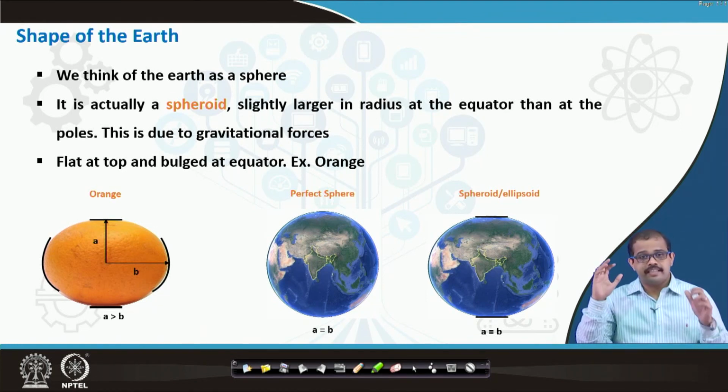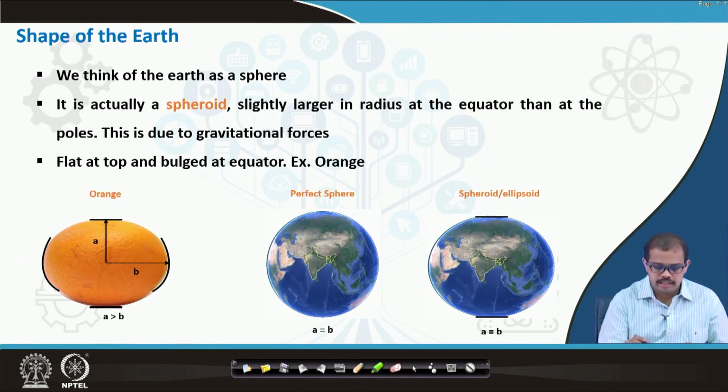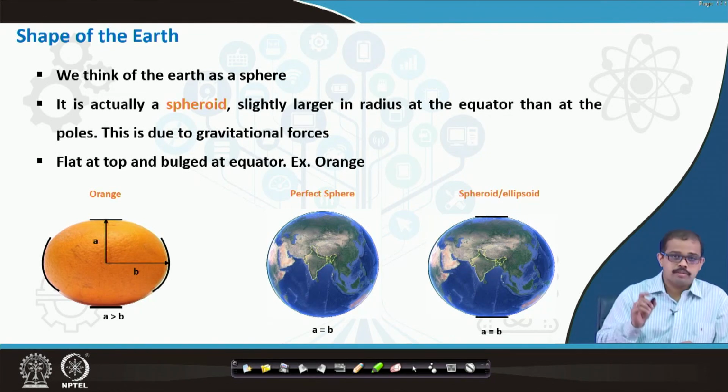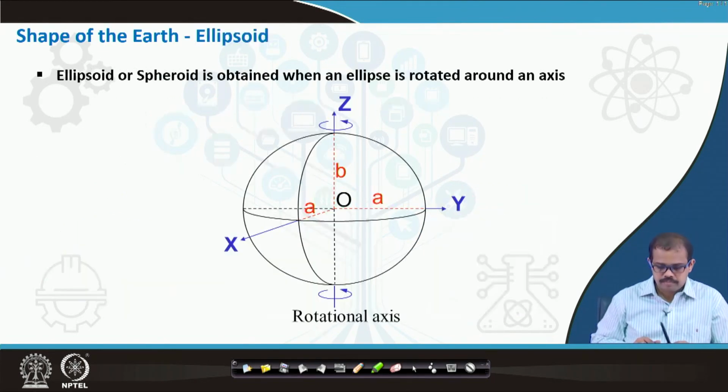If you look at here, the sphere is a complete round shape, whereas the spheroid does not have a round shape, but it is bulged at the center, flat at the bottom. So that's called a spheroid. Your spheroid has a major axis and a minor axis, that is what is represented here.